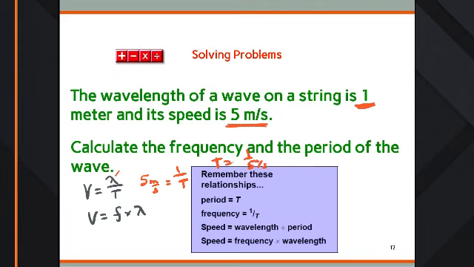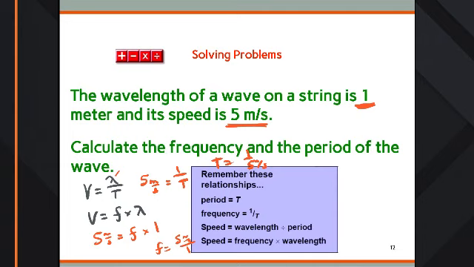If we look at the other one, 5 meters per second equals frequency times wavelength. I don't know the frequency, but I do know the wavelength is 1. So frequency equals 5 meters per second divided by 1, so my frequency would be 5 hertz, or 5 vibrations per second.